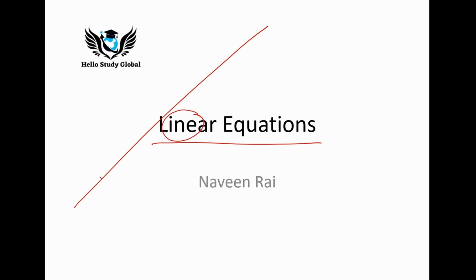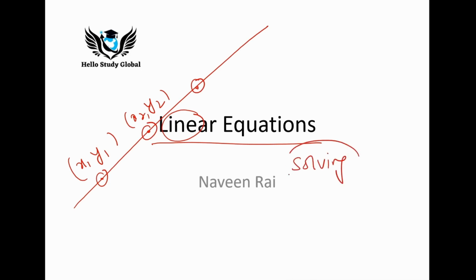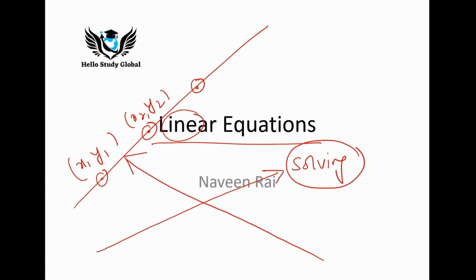So when you plot all these points of various x and y, x1, y1, x2, y2, they'll give you a straight line. That's why these are called linear equations. Now, when we talk about solving a linear equation, what we mean is when two equations are given, we basically refer to the point of intersection as the solution. That is the solution of a system of two linear equations.